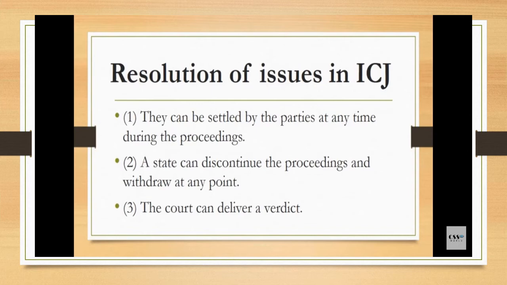Like if there is a matter that is being resolved by the International Court of Justice, and if both the states privately resolve that matter, then of course the International Court of Justice can stop proceeding that case, and they can even resolve that matter on state level.